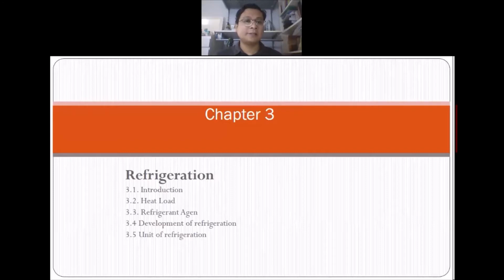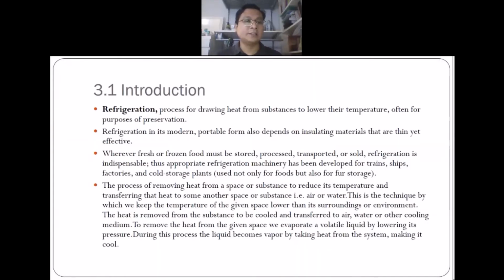Okay, back to chapter 3. We go first to the introduction. In the introduction, refrigeration is a process for drawing heat from substances to lower their temperature, often for purposes of preservation. So actually, we try to keep the heat at a certain temperature and we can also control the humidity.